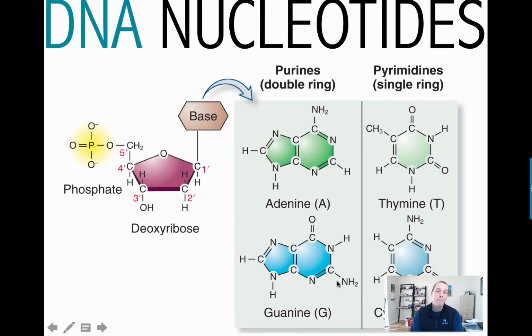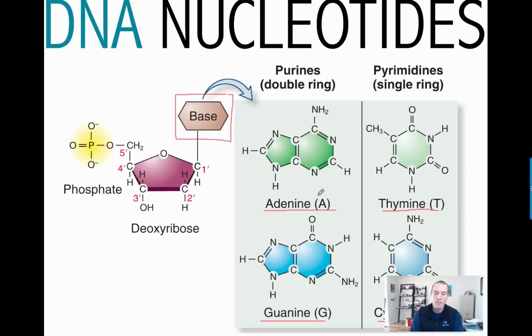If we look at the 4 different types of DNA nucleotide, they vary based on the base, and you're familiar with these. We have adenine, which base pairs with thymine according to the rules, and guanine base pairs with cytosine.